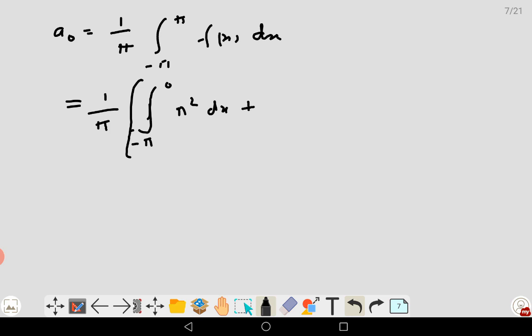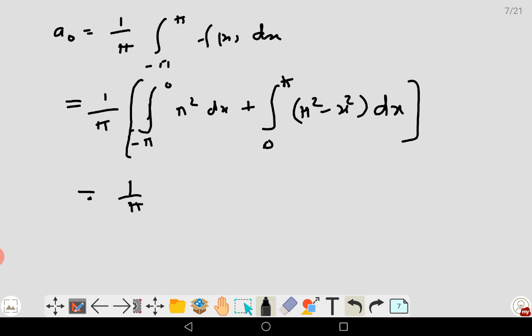Which is pi square dx plus integral 0 to pi which is pi square minus x square. No cosine nx, there is no cosine actually. We are integrating only f of x dx. Check your answer. What you get here is 1 by pi.